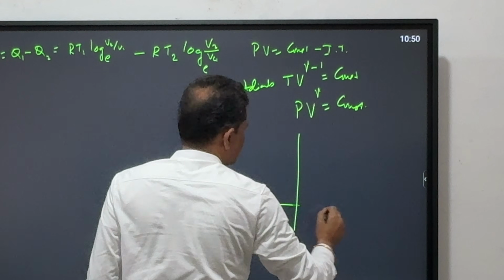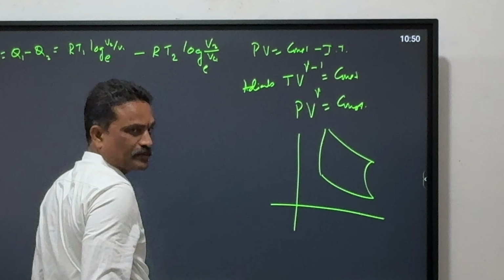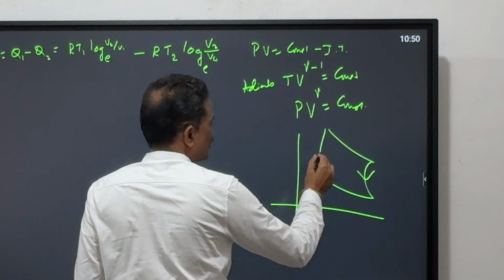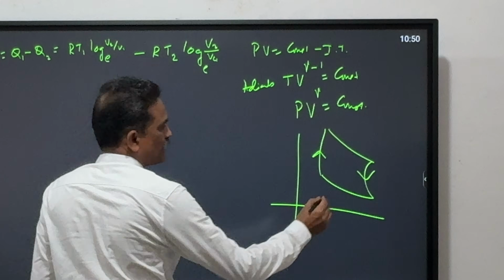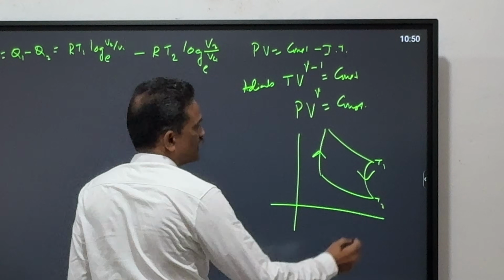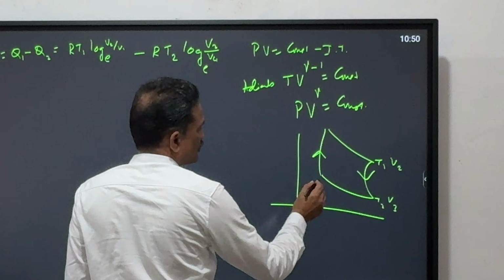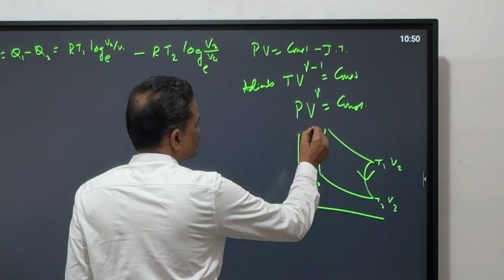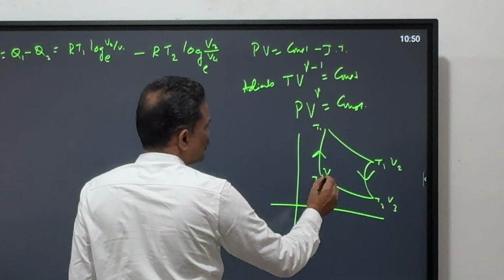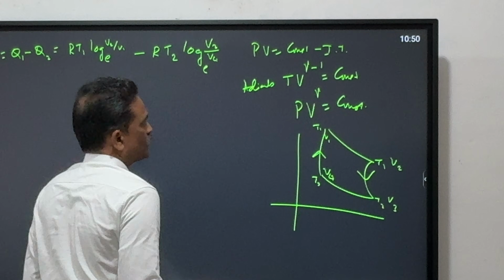So we have two adiabatic processes, one is here, the other one is here. Here I am going from T1 to T2, from V2 to V3. Here I am going from T2 to T1, from V4 to V1.